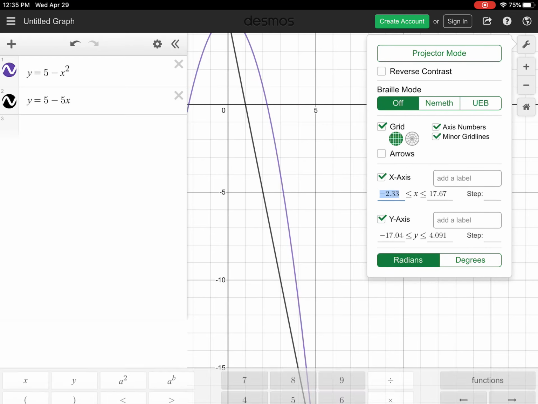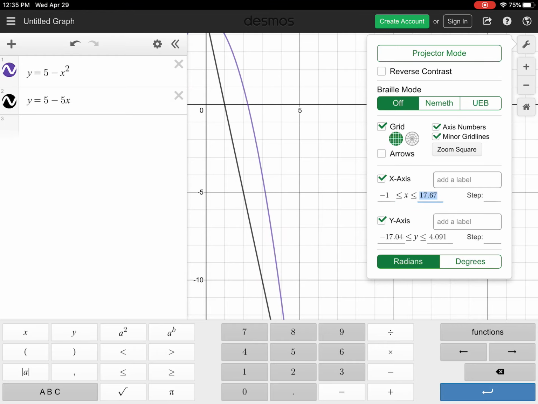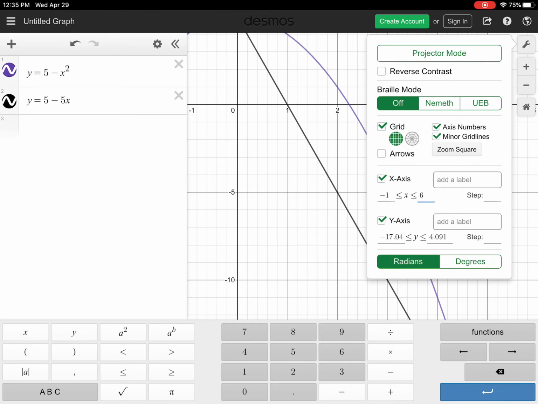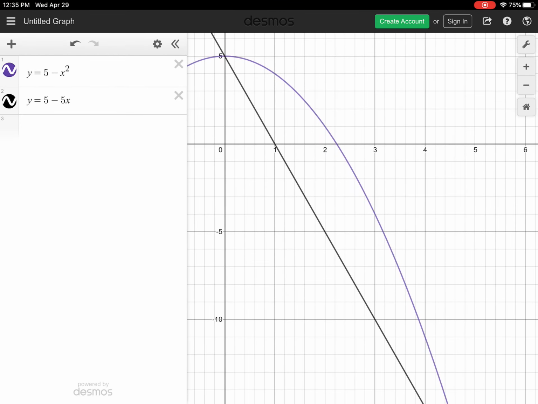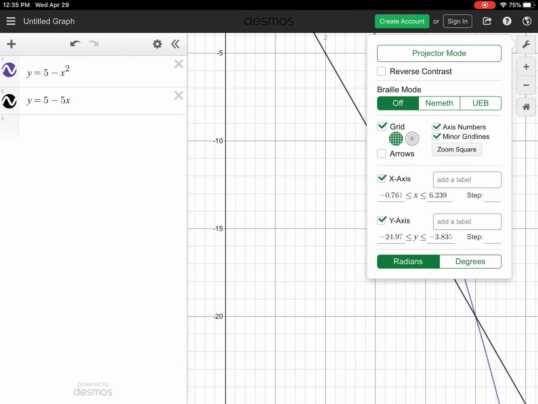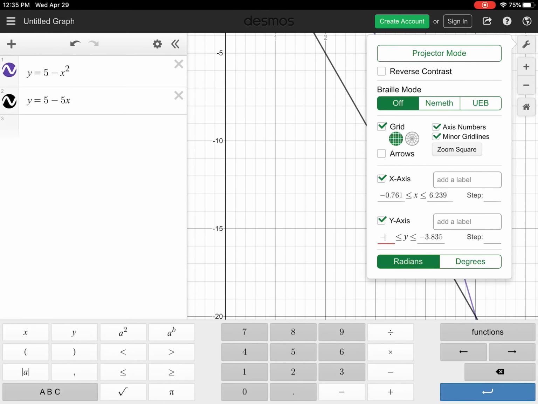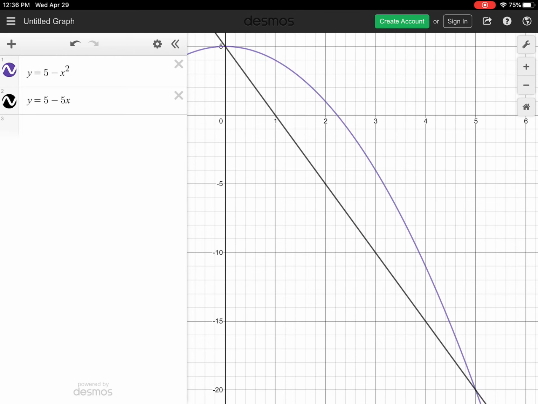It looks like x goes from 0 to 5, so let me change the x-axis to -1 to 6. The highest y is 5 and the lowest looks like -20, so I'll change the y-axis to -21 and 6.